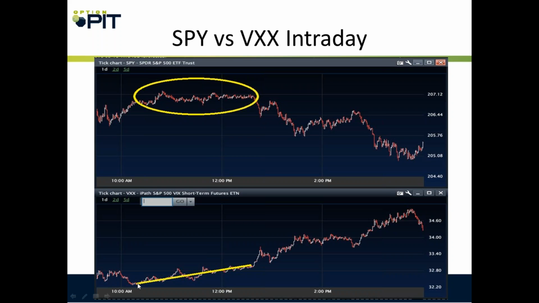VXX is rallying from, I'll call it 32.5, all the way up to about 33.5. Meanwhile, S&P chop. Well, what happens? S&P breaks down, VXX keeps going higher. So when you see vol increasing and the underlying isn't going down, something is about to happen, and vice versa.